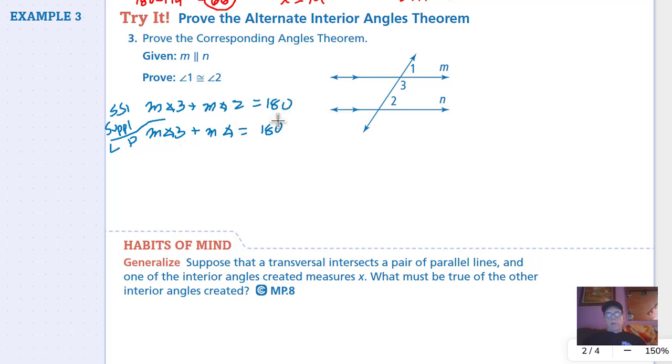Now we could say that since 180 equals 180, that'd be the reflexive property. We can substitute the top one, number 1, in for this left-hand 180. So we have measure angle 3 plus measure angle 2 equals, and on the right-hand side for the 180, we can substitute in equation 2, measure angle 3 and measure angle 1.